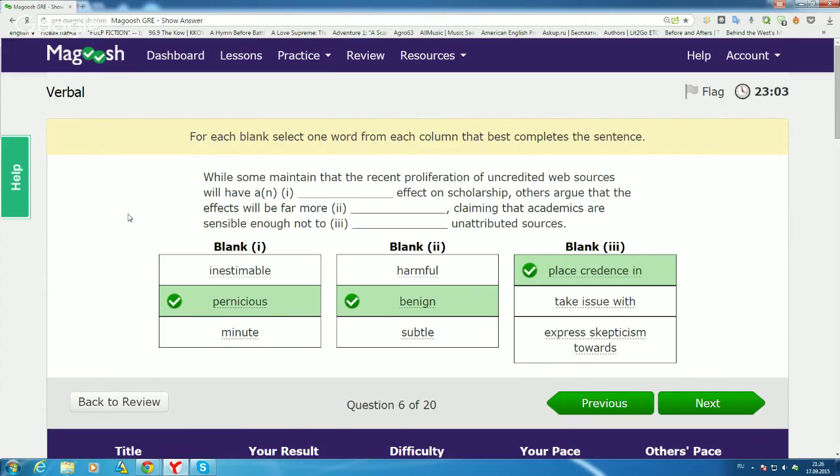While some maintain that the recent proliferation of uncredited web sources will have a or an blank effect on scholarship, others argue that the effects will be far more blank, claiming that academics are sensible enough not to blank unattributed sources.